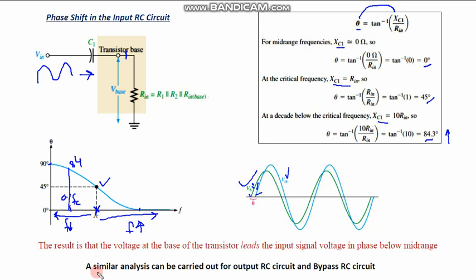This is the effect of low frequency response on the amplifier at the input. Similarly, you can estimate the low frequency response at the output. At the output we have another RC circuit at the emitter, and another RC circuit at the coupling on the collector side.